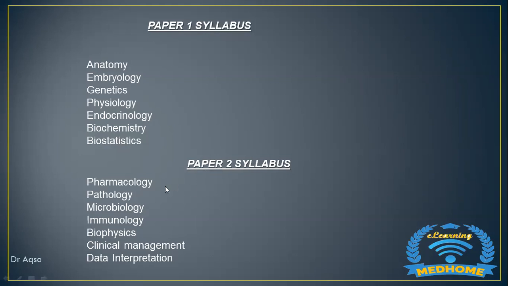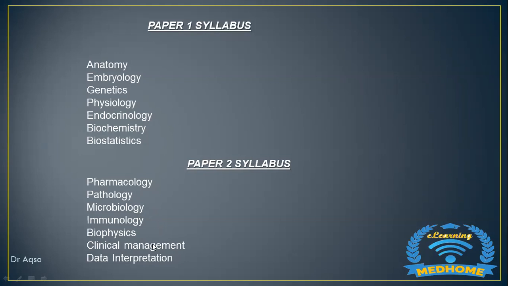And for paper 2, we have pharmacology, pathology, microbiology, immunology, biophysics, clinical management, and data interpretation. For paper 2, the most important is pathology, and then pharmacology. These are the two most important modules for paper 2.